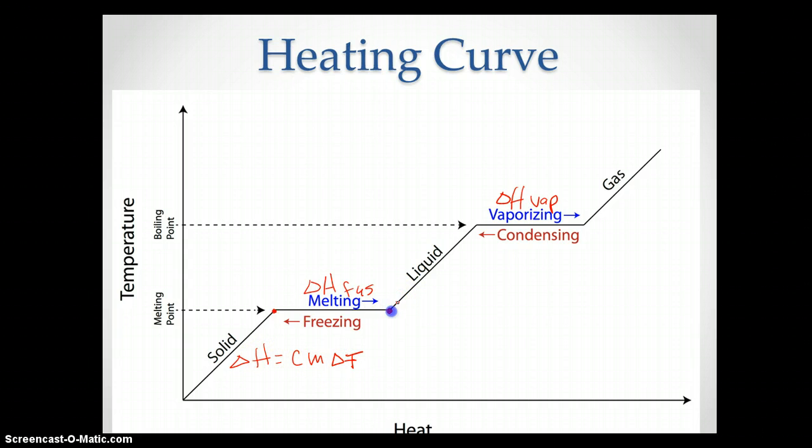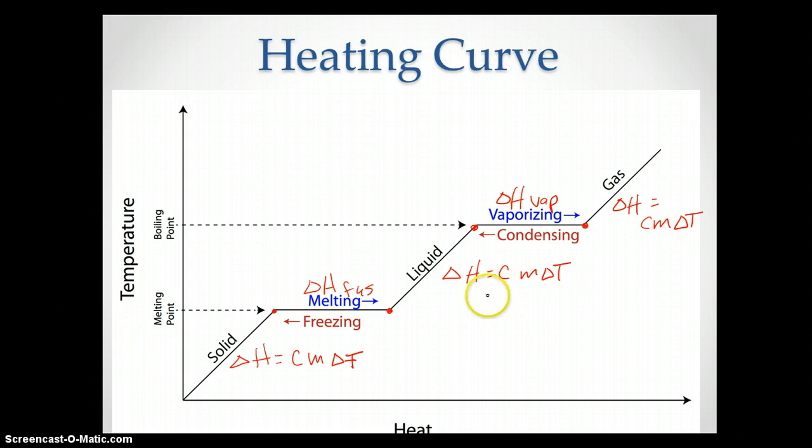Same thing, from this corner to this corner, as we raise the temperature of the liquid, we would use delta H equals Cm delta T, and then again, from this corner up, use the formula delta H equals Cm delta T.